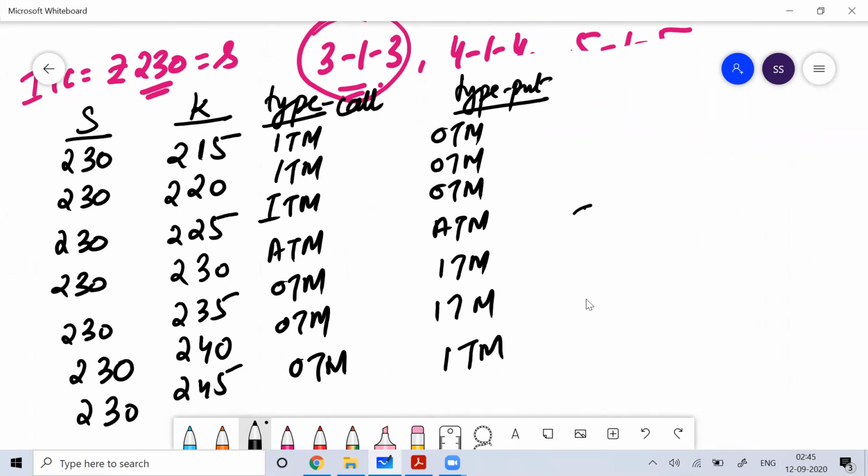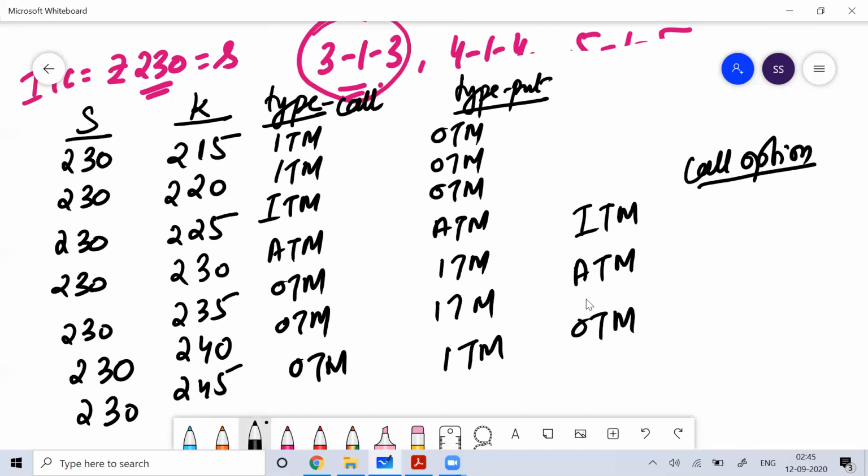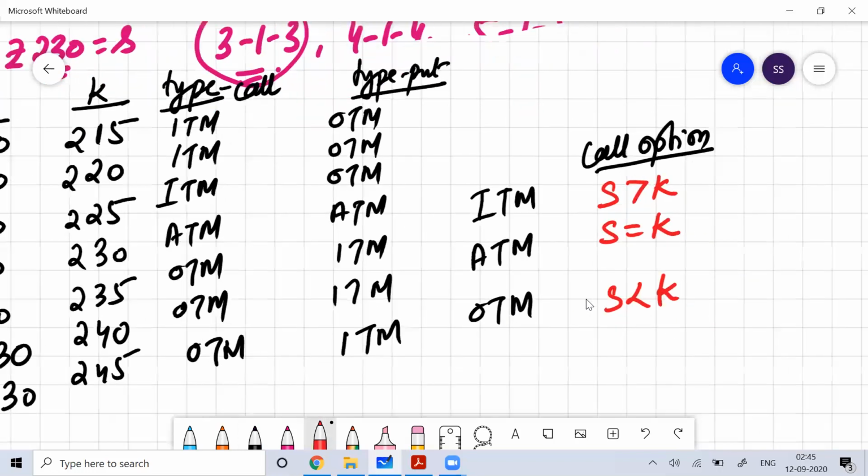I have already discussed this, it is just a name. They can be in the money, at the money, or out of the money depending upon the option contract you take. For a call option, in the money happens when S is more than K. At the money means when S is equal to K. Out of the money is when K is more than S.